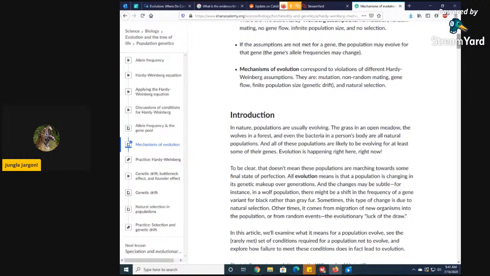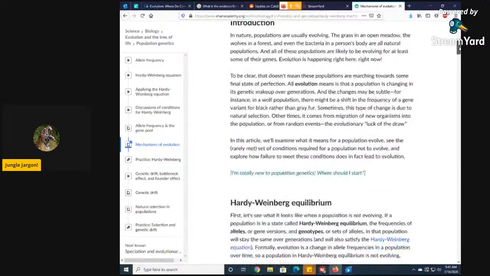Anyways, good. So in nature, populations are, so here we go. Watch out for the keywords, key phrases. May have, might have, you know, this jumped into that and that jumped into the other thing.